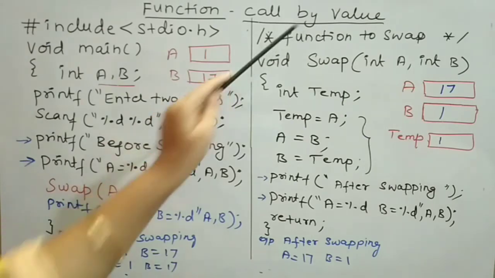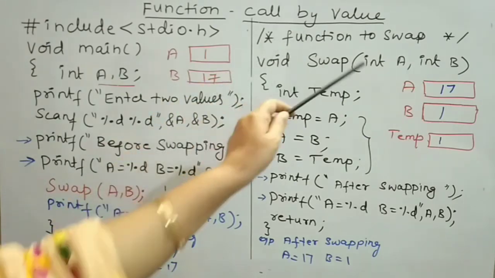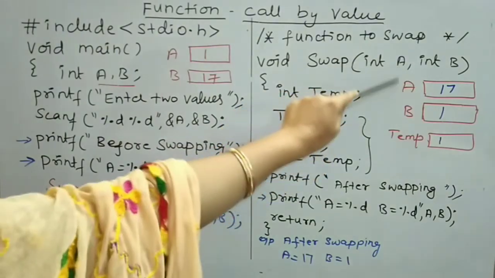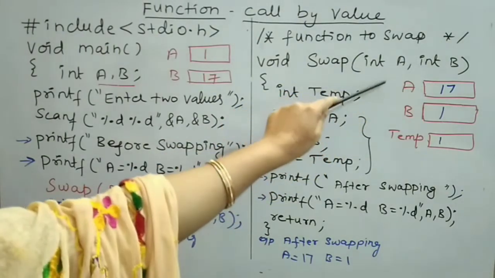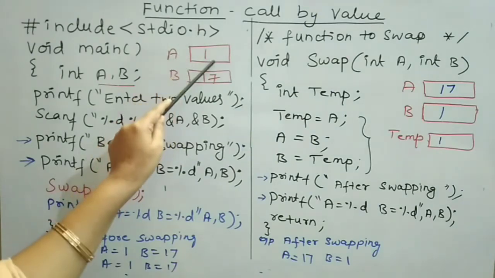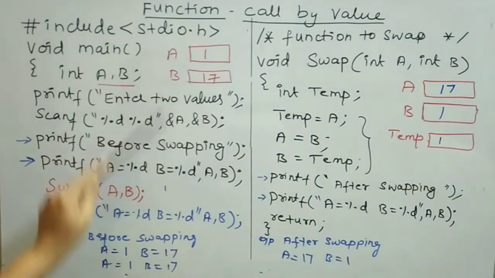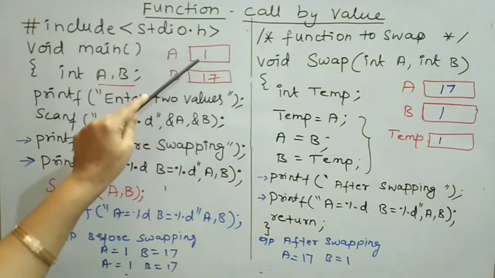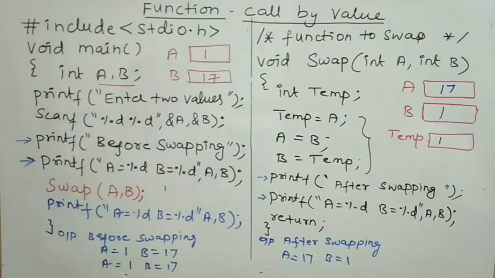Instead of passing the value, if I pass the reference, it will not allocate a different memory location for a and b. Instead, it will retain the same memory location which is already allocated for this a and b. In that case, if I make any changes, the changes will be permanent.